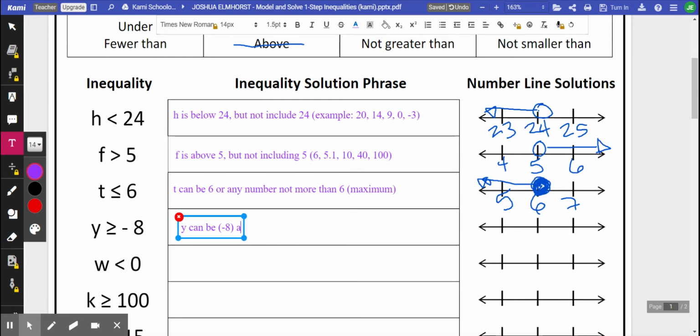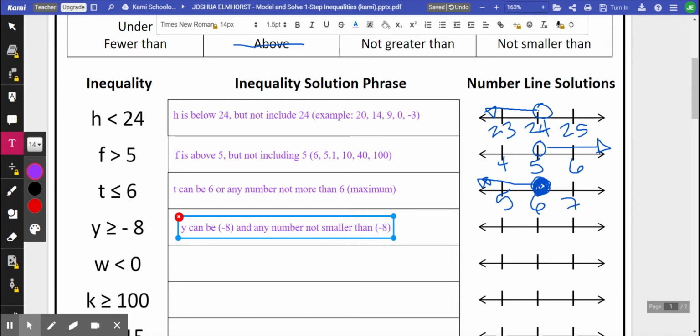And any number not smaller than -8. Y can be -8, it can be equal to, and any number that is not smaller than -8.